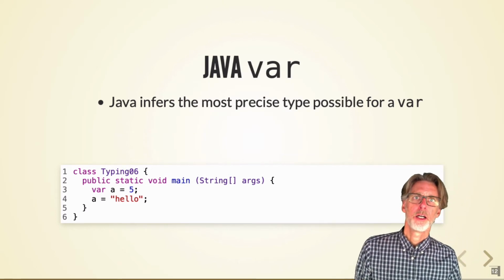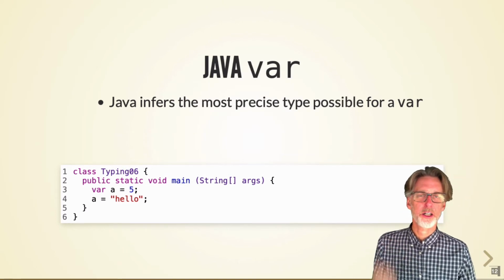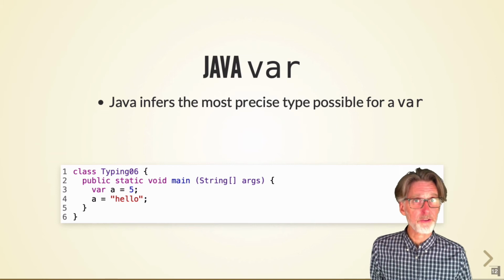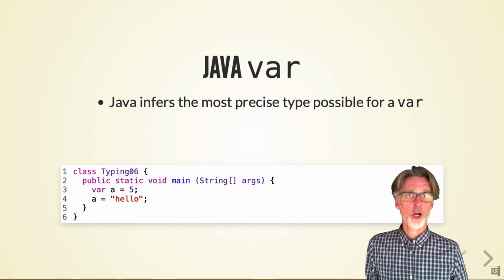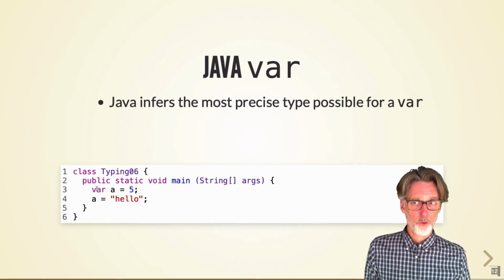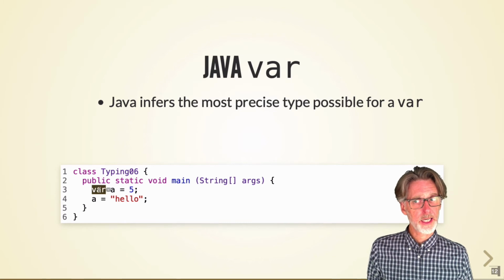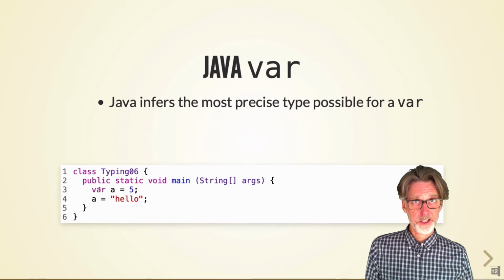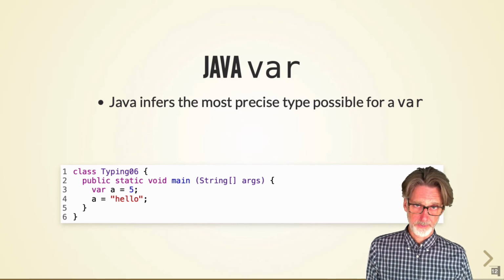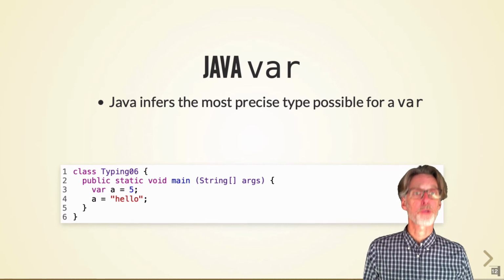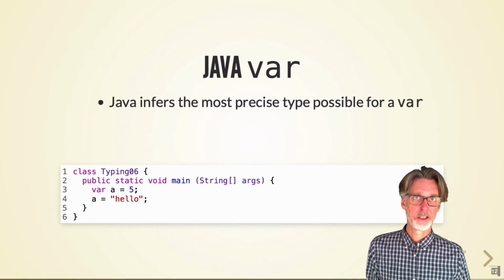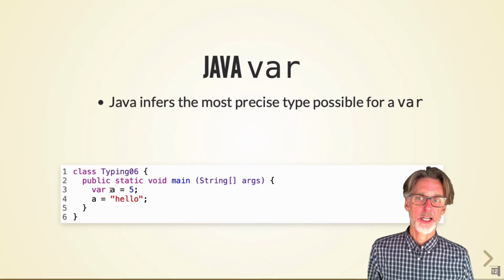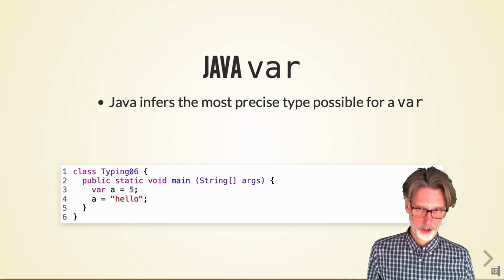In Java, we have the ability to use declarations where we do not specify the type. So this is the var form, but it's important to note that even though we do not specify the type, Java infers a type for the variable. And Java infers the most precise type it can. So here I'm assigning a to be an integer.